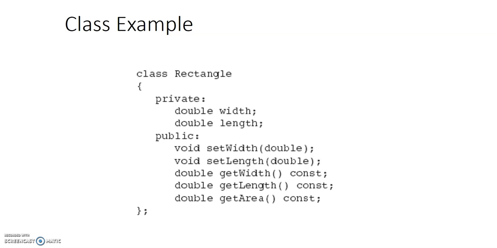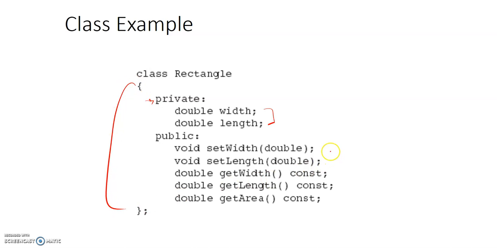So here we have an example of a rectangle. So a rectangle's characteristics are dimensions. So they use the private variables width and length. They are declared private, so I can't access them directly outside of the class. So their scope, if we remember the idea of scope, is limited to the functions within the class itself.